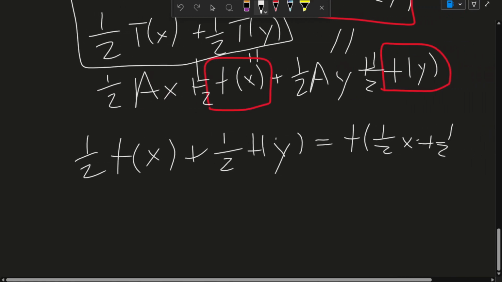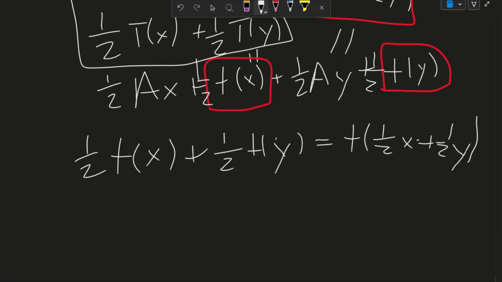And importantly, we're not going to allow t to be linear. So this has to be achieved without t being linear. And I claim that at least the most obvious answer is to assume that t of x is just some constant vector b. Now, what's the intuition here?